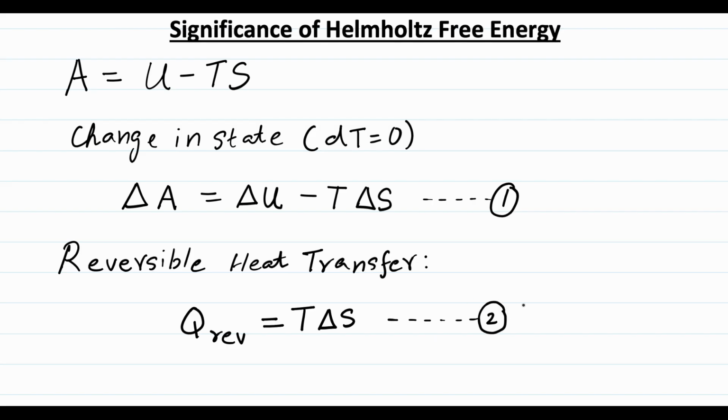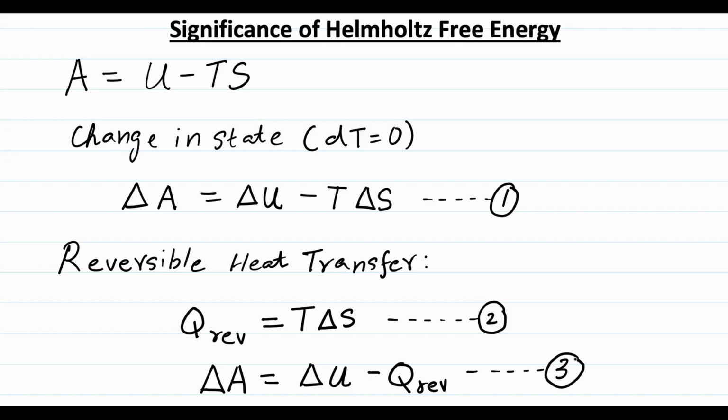So when we substitute equation 2 into equation 1, we get the change in Helmholtz free energy is equal to change in internal energy minus the heat involved in reversible heat transfer. And we are going to call this equation 3.